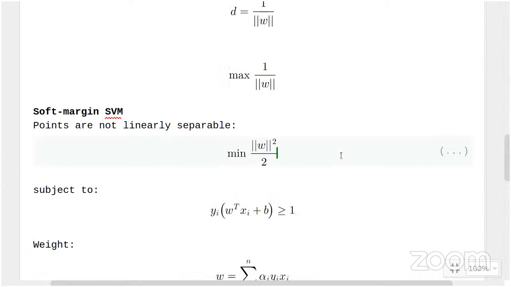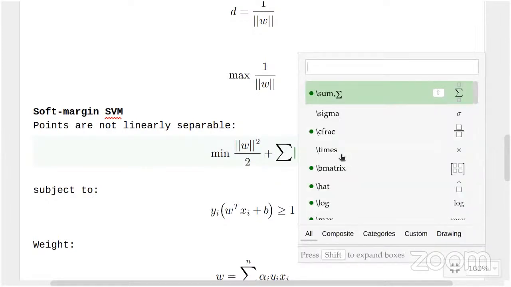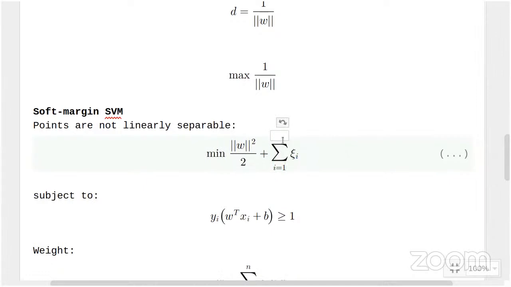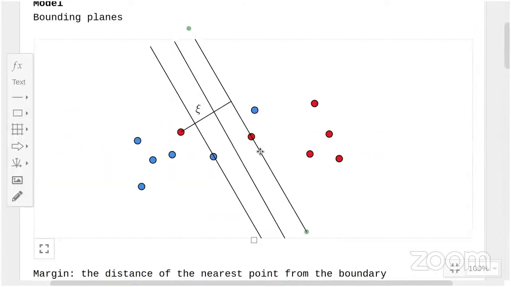So what I do is I still want to maximize my margin, but there also comes in some slack for each data point. These two work in opposite directions. If I want to maximize my margin, so if I want to move this way, then my slack is going to increase.